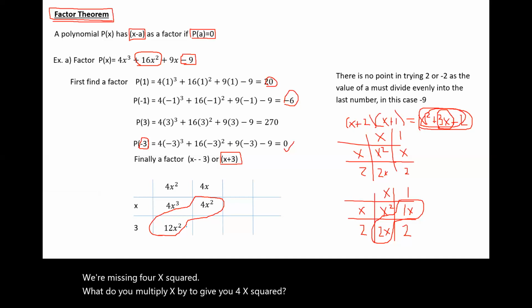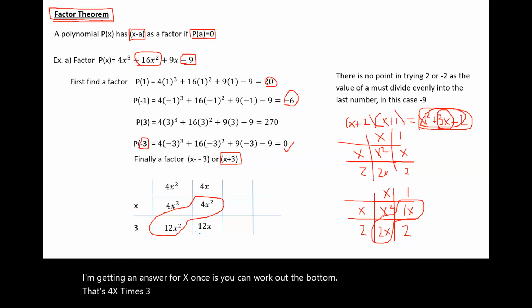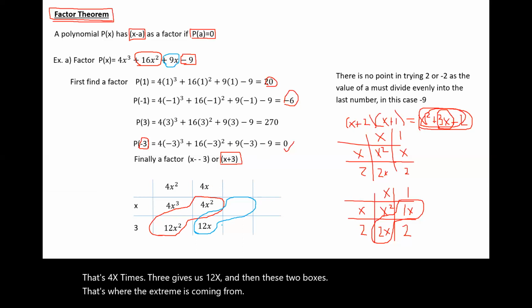I'm getting an answer of 4x. Once you know what that is, you can work out the bottom. That's 4x times 3 gives us 12x. And then these two boxes, that's where the x term is coming from. So if we have 12 and we want positive 9, I think we're going to have to subtract 3 of them.